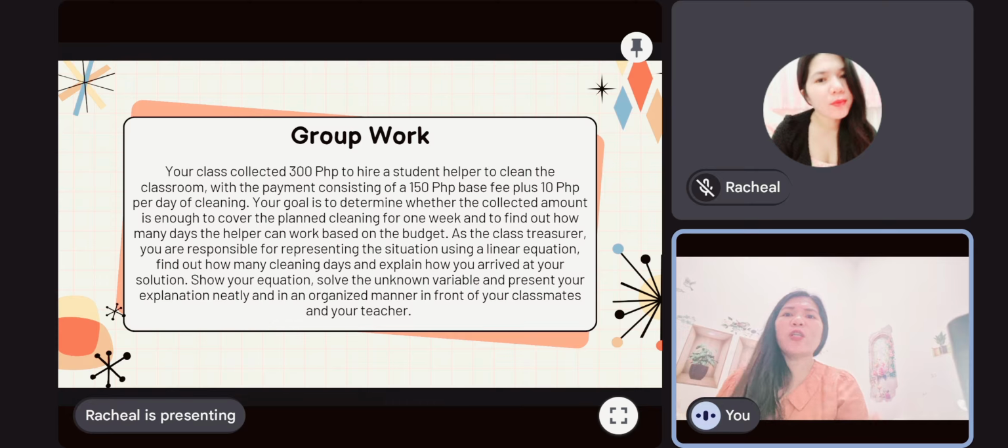Show your equation, solve the unknown variable, and present your explanation neatly and in an organized manner in front of your classmates and your teacher. I hope that by next time you will be able to explain and show your solution regarding this group work.